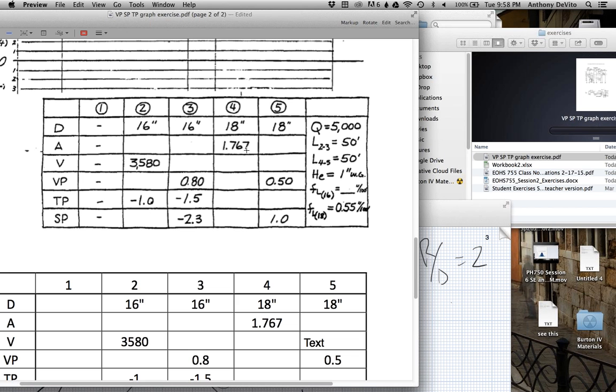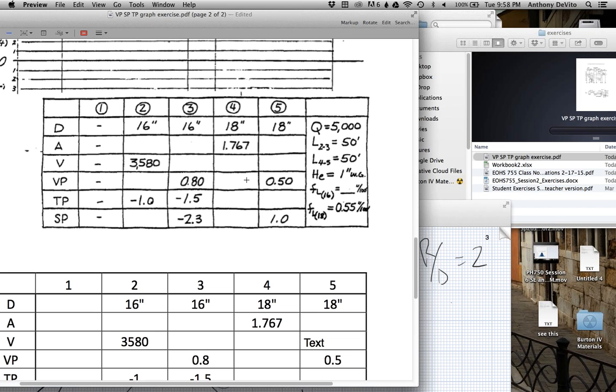Unfortunately, I really can't make you look over my shoulder on this as much as I would like. Since you know Q and you know A, the cross-sectional area, you can solve for V. That gives us the velocity, and then the velocity pressure, and so on. The same thing here: the ductwork hasn't changed, so the cross-sectional area is the same, and the two velocities stay the same.